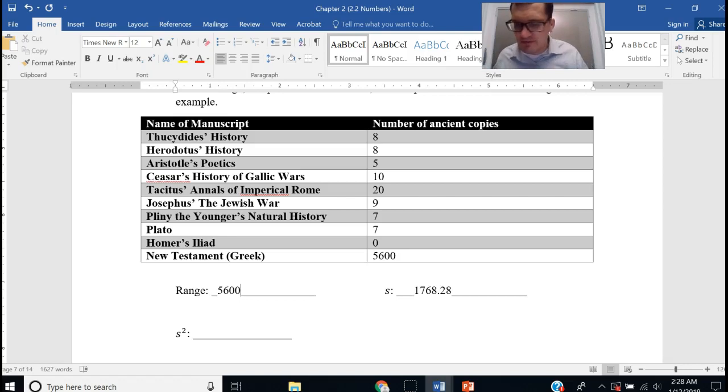Okay. If we wanted to find the variance, we take 1768.28 and we square it.